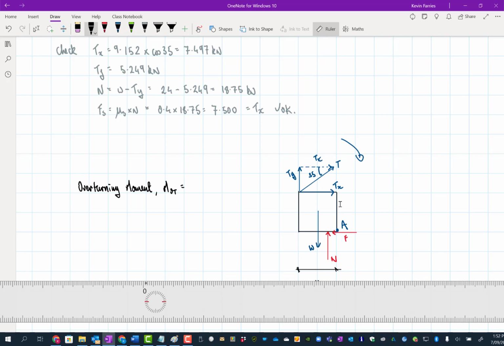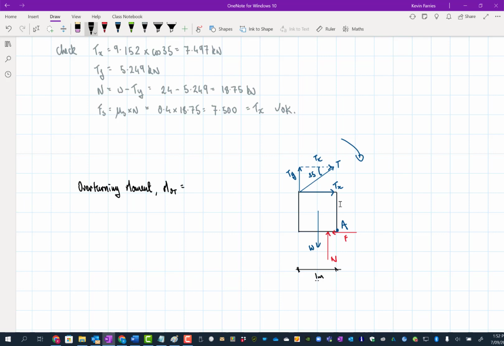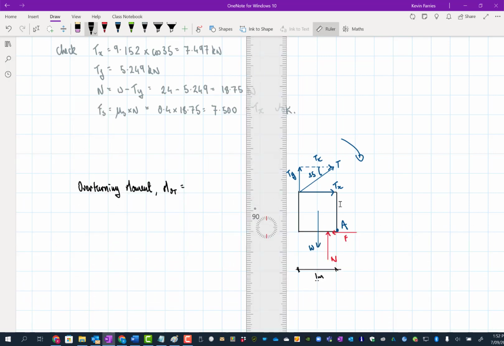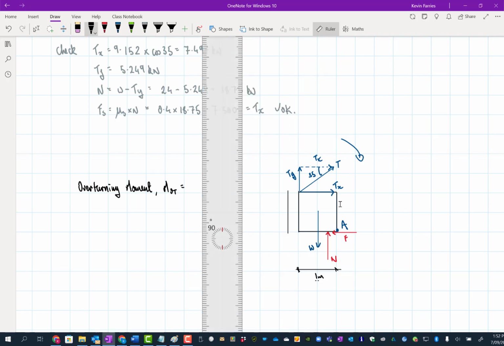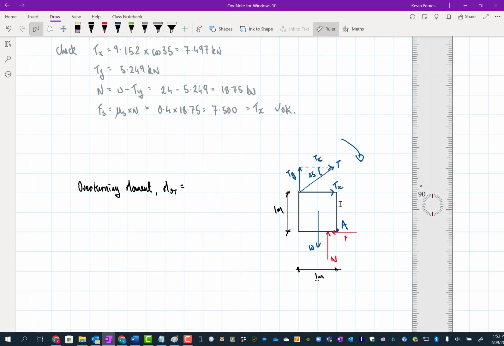This here is also going to be 1 meter. So far, so good. So let's add up all the overturning moments.